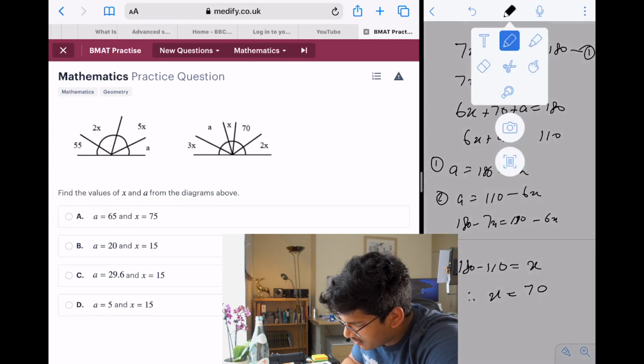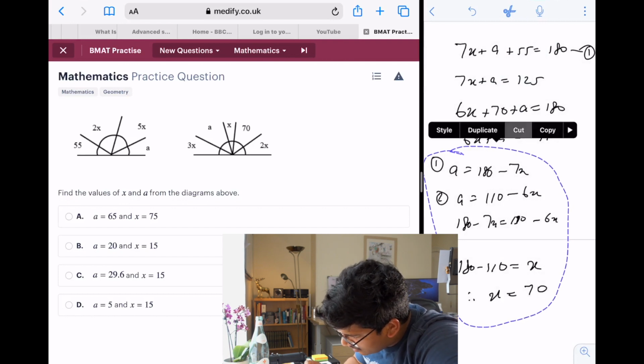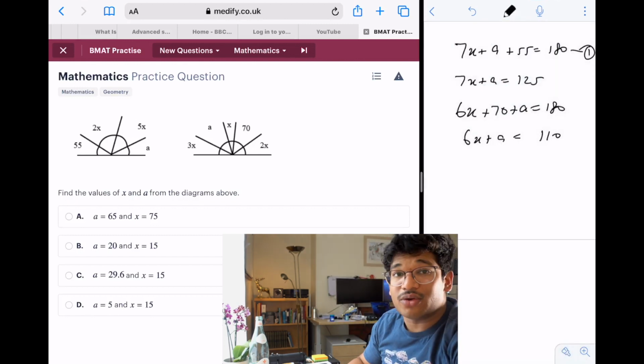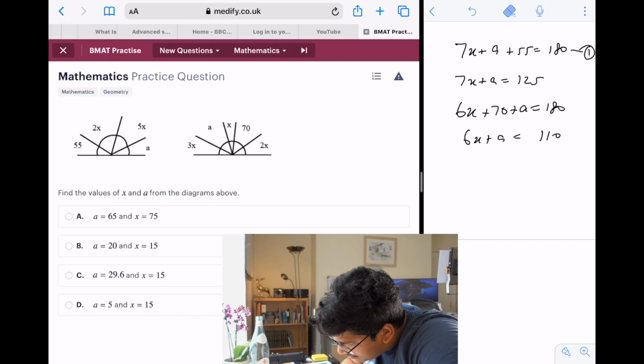Okay, I've made a mistake here. Sorry, I'm just not going to bother going from there. Let's just quickly get rid of all of this and restart. So that's what you should do. If you make a mistake, just don't try and find the mistake. Just wipe everything out, do the calculation again. This is correct. Oopsie daisy. That's correct. Cool.